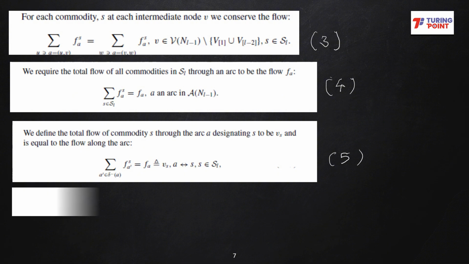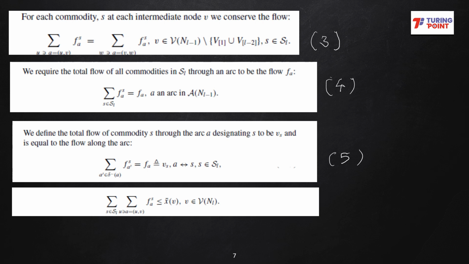At each node V in NL, we have node capacity restrictions satisfied, that is, total flow of all commodities in S suffix L along arcs entering node V is less than or equal to the updated node capacity X bar V. See equation 6.